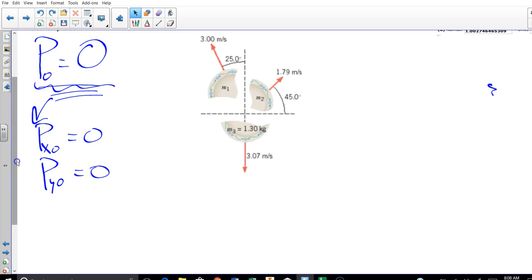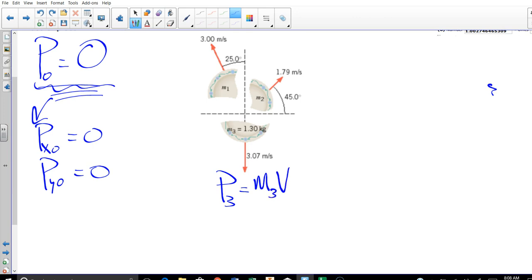The momentum of piece 3 is going to be mass times velocity, so mass of 3 times velocity of 3. And by the way, this is final or initial? This is final, after they've broken apart. And that's a number that we can find. That's going to be 1.3 kilograms times 3.07 meters per second.